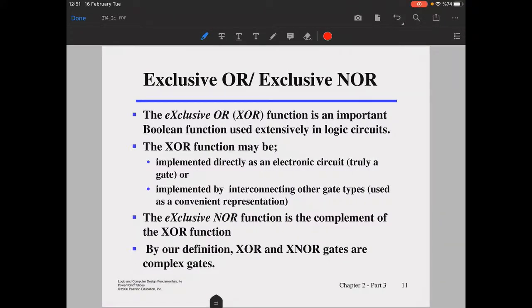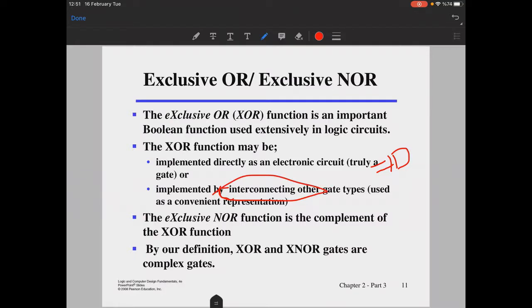So, what about the exclusive OR and exclusive NOR gates? It is also another Boolean function which is used extensively in logic circuits. It can either be implemented directly as an electronic circuit with the gates, like you can implement it as a single gate like this, or you can interconnect other gate types to implement this function manually, let's say.